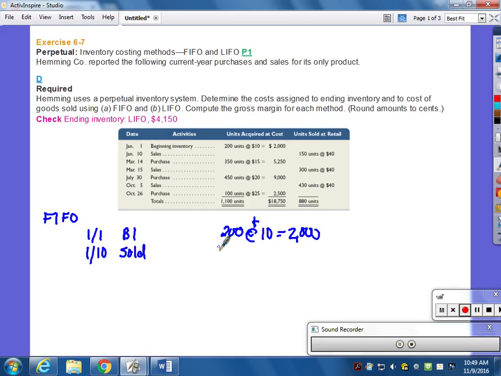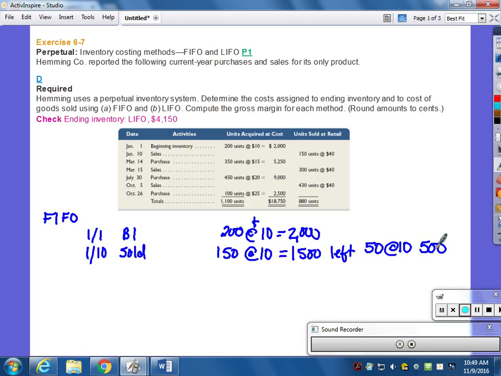First, the beginning inventory, right? So we do 150 at what price? $40 each. What did we pay for them? 10. So that equals 1,500. And that means we have remaining inventory of how many units? 50 units at $10, so we have 500 right now.